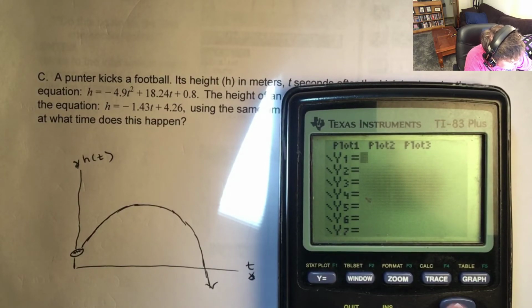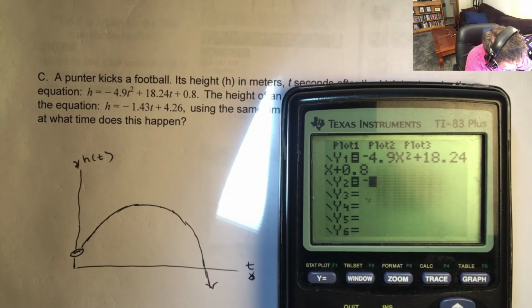Oh, shoot, I just deleted all of that hard work. Plus 18.24x plus 0.8. And then here, negative 1.43x plus 4.26.